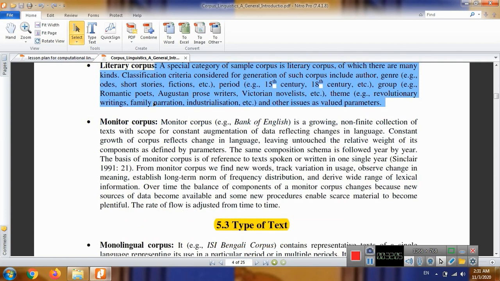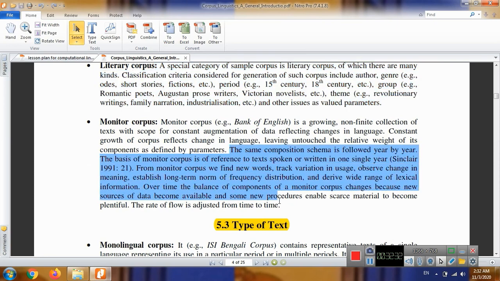Another one is the monitor corpus. A monitor corpus, like the Bank of English, is a growing, non-finite collection of text with scope for constant augmentation of data reflecting changes in language. Constant growth of the corpus reflects change in language, leaving untouched the relative weight of its components as defined by parameters.